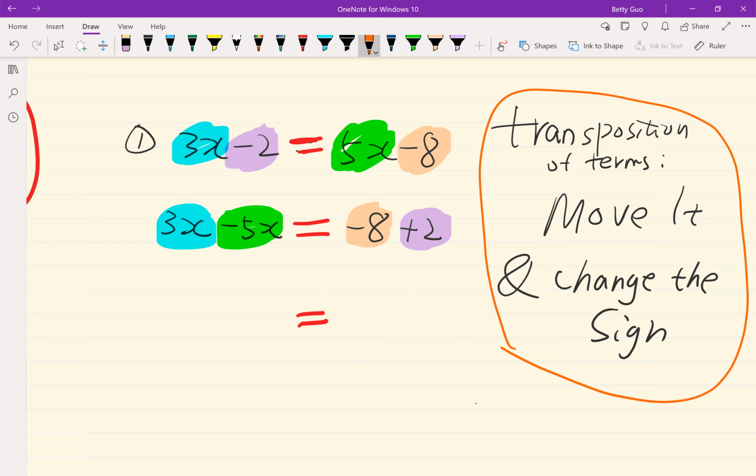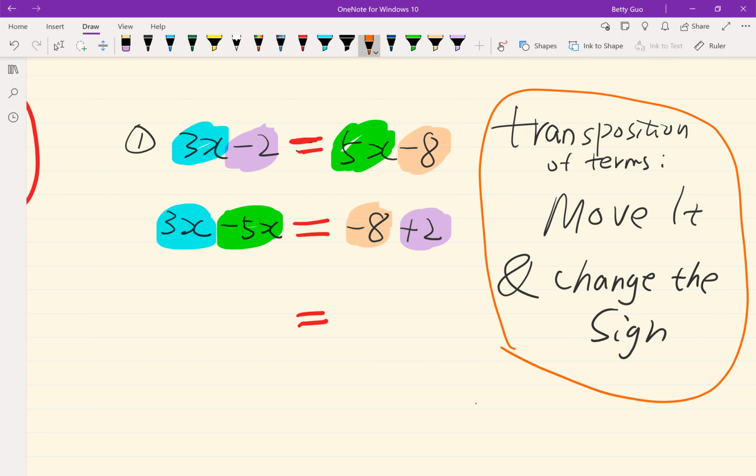Driving a car is more multitask than this. There are only two things in one: move it and change the sign, right? So you see, you move 5x over, positive becomes negative. You move -2 over, negative becomes positive. That's all it takes. So what do you think? Do you like this method? We'll try, okay? I think this is a good method to grasp.